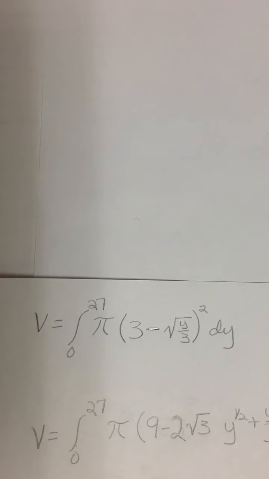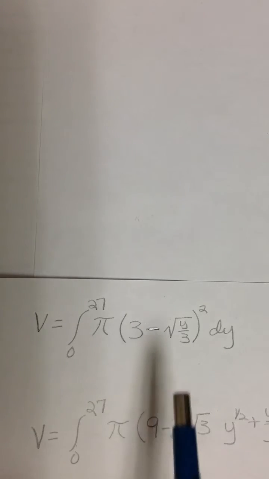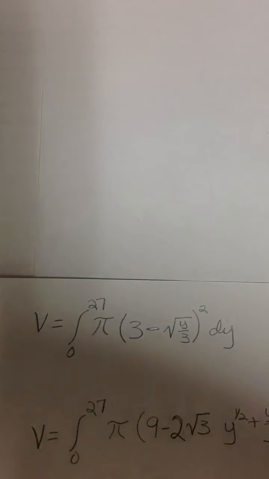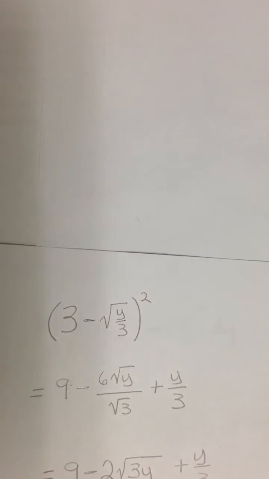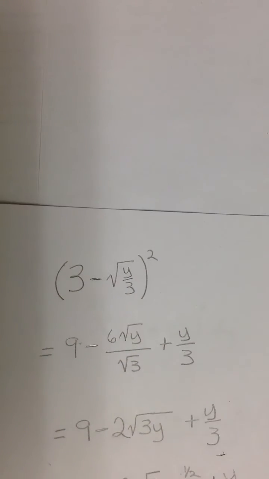A little bit of tricky algebra is going to be involved. Some of it goes back to the trigonometry courses that you might have had, especially working with radicals. Now for the square of this radius, just drawing this out, we have 3 minus the square root of y thirds quantity squared.